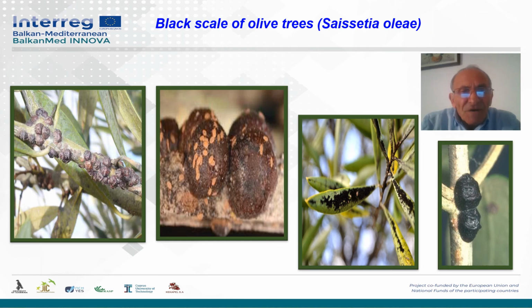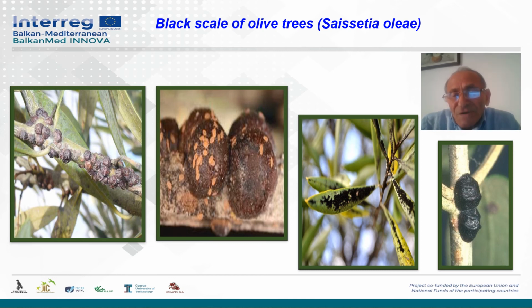Here are some pictures of the black scale of olive trees, Saissetia oleae. In the first picture we see the black scale on olive branches. In the next photo we see the larvae of Saissetia oleae on the shells of the scale.